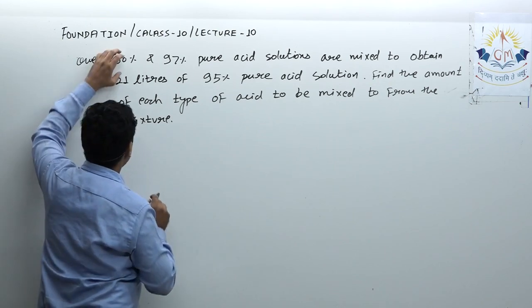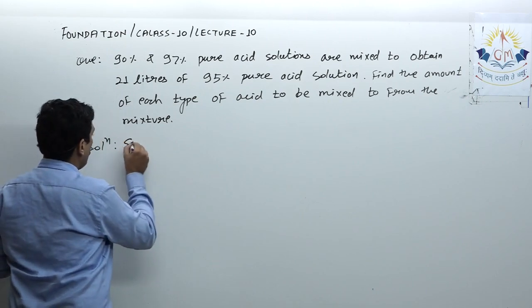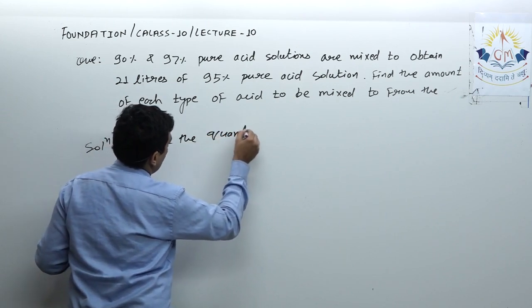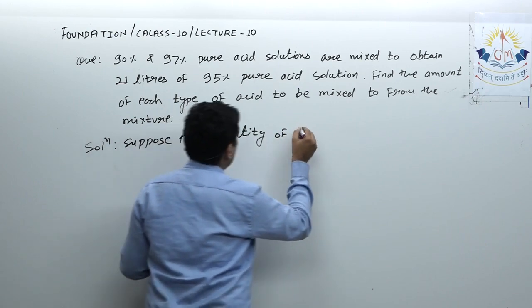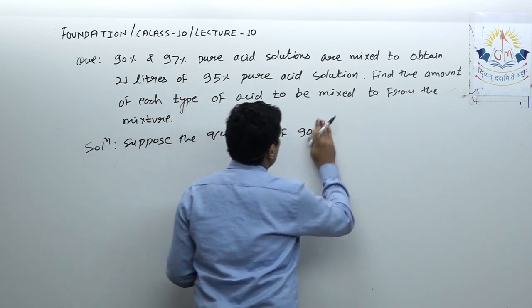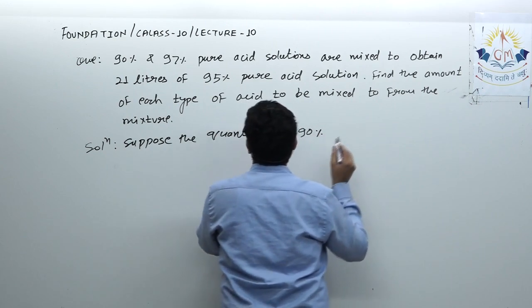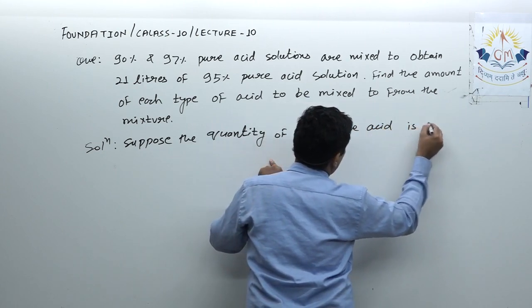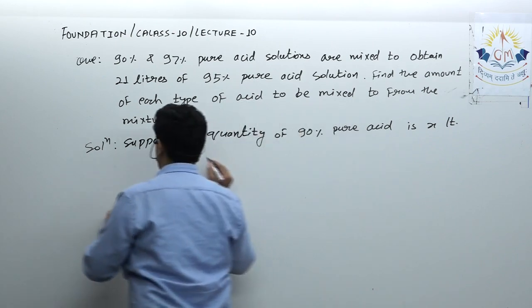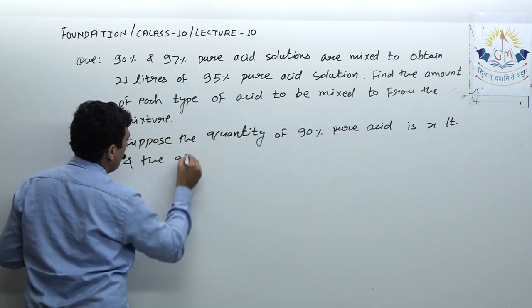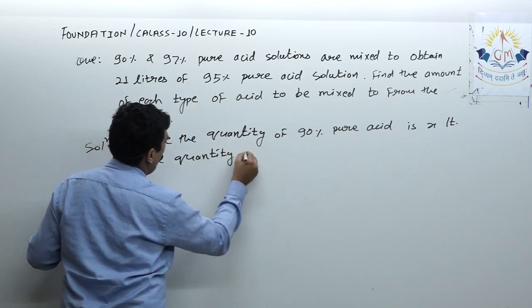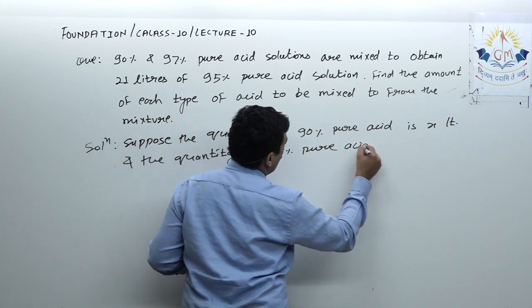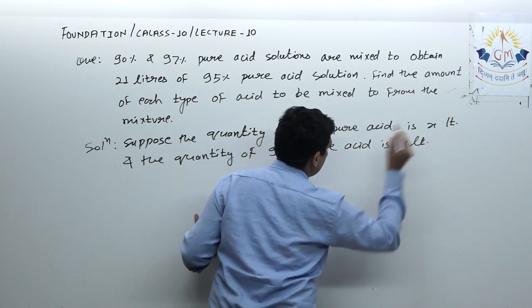First of all, we assume, suppose the quantity of 90% pure acid is x liters, and the quantity of 97% pure acid is y liters.